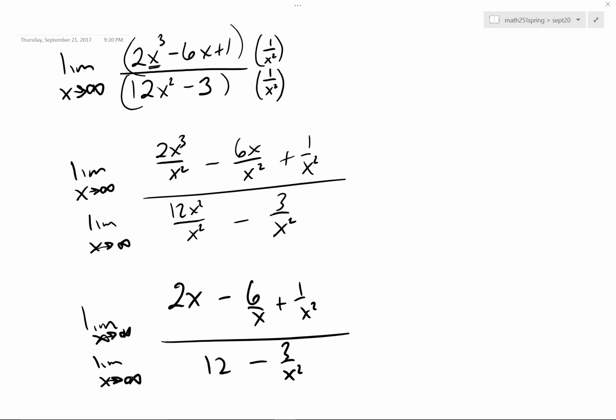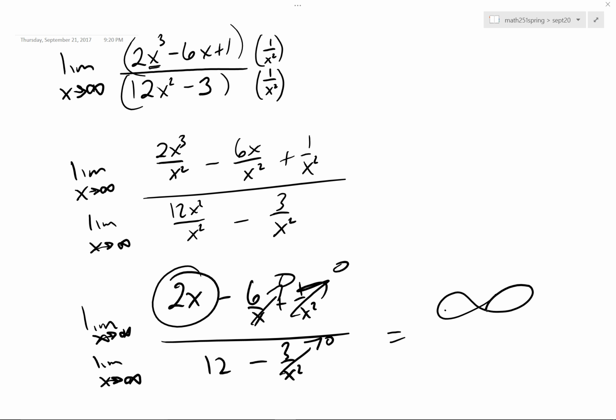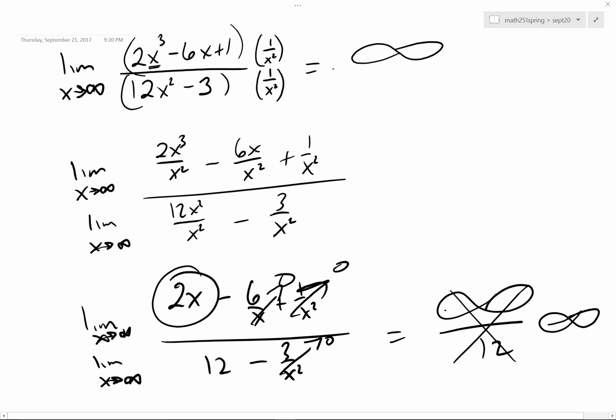Well, the top, these two pieces are going to 0. This piece is 2. But what you're going to end up with is the top is getting huge, headed towards infinity. And what is infinity divided by 12? Well, it's ridiculous. It's infinity. So what we're saying here is this function, the limit, is actually infinity.